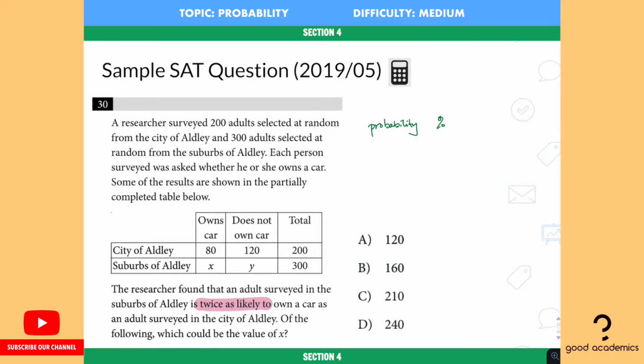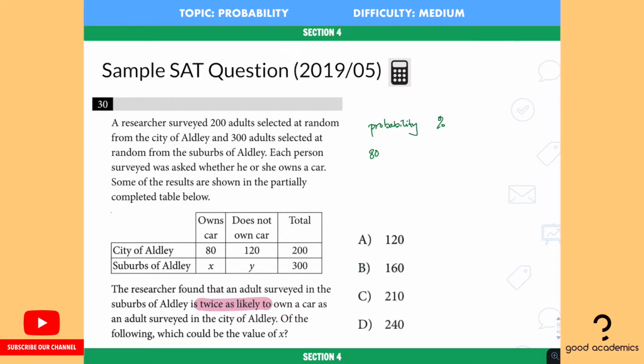It is extremely tempting to scan to choice B, 160, and I would tell you that B is not the answer. I will guide you through how to understand this problem and get through this question very easily. Since we are talking about probability, we are simply doing part over whole.